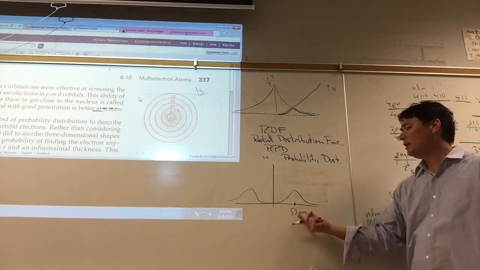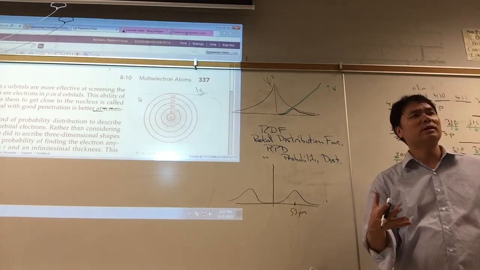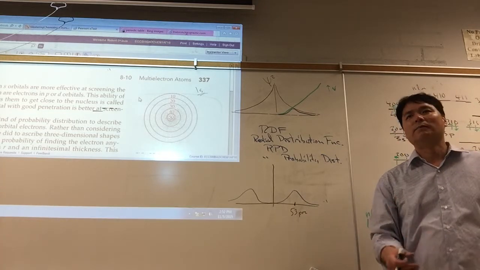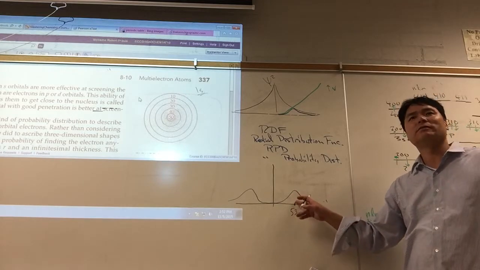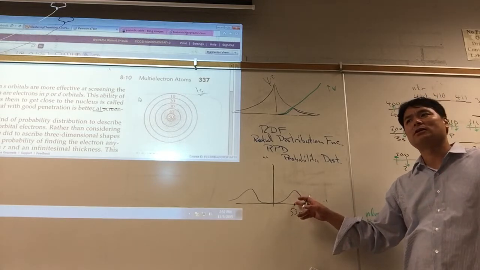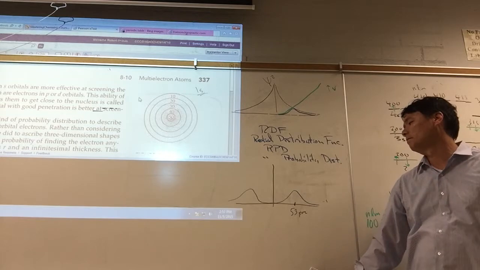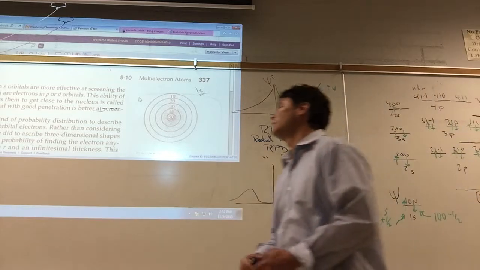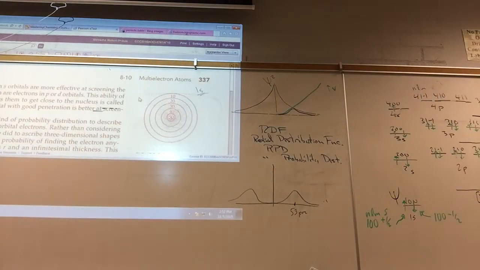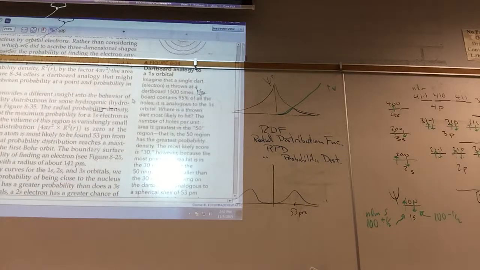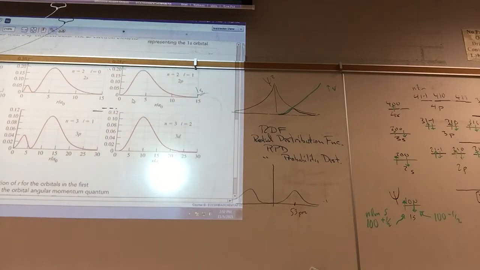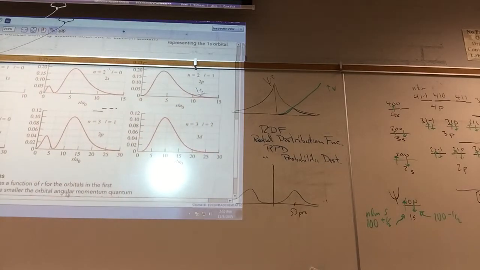And so 53 picometers is the effective distance of a 1s orbital, because it's the most probable distance of finding that electron. 53 picometers is about half an angstrom.